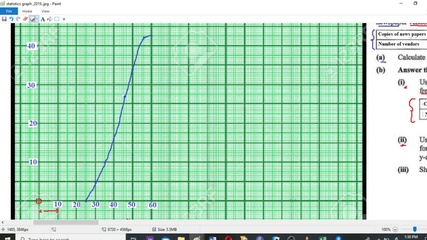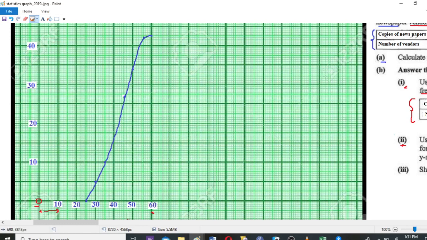Okay, so in the x-axis I have the values from 0 up to 60, and you can see after every 2 centimeters I have 10. That is 10, 20, 30 up to 60. So that means each vertical line between one point and another in the x-axis is carrying 1 unit.